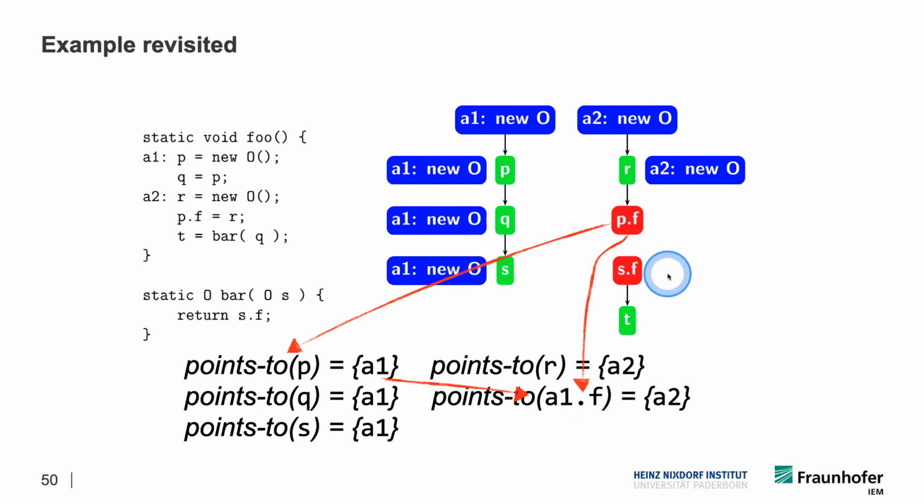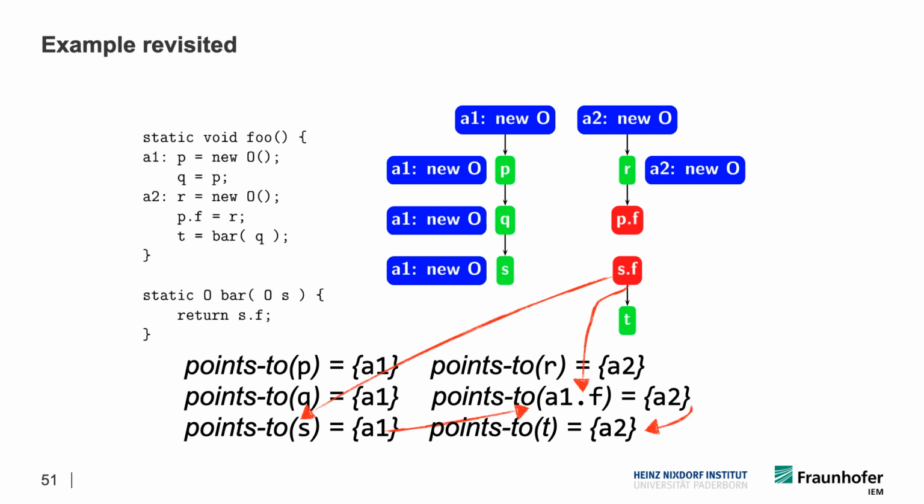And now if we look at S.F, the opposite happened. So the points-to set of S is now A1, right? Because of this one here. So we have already assigned that here. And then we also have this concrete field node now, which is being recreated, right? So because of S.F, we know that we now have to create A1.F again.